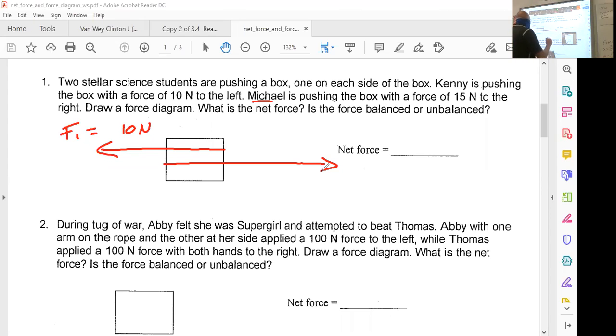Okay? This is 15 newtons. But Michael's the second person mentioned in this problem, the second external force we talk about. So we're going to give him the name F2, force number 2. F1 equals 10 newtons, F2 equals 15 newtons.